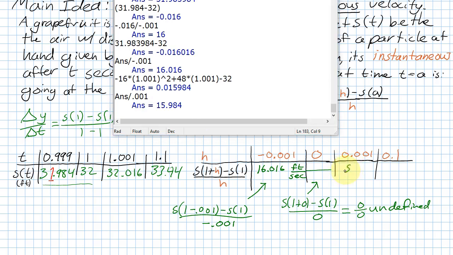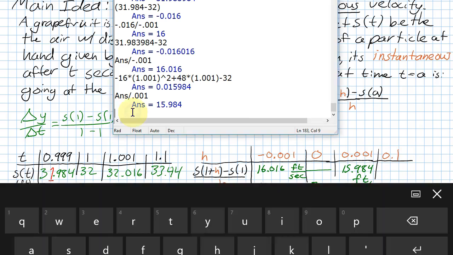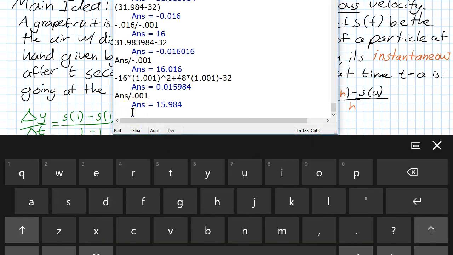Likewise, this comes out to 15.984 feet per second. And if we do it with this other value that we have, this one's going to be 33.44. For this one, I'm not going to use all those digits of precision.